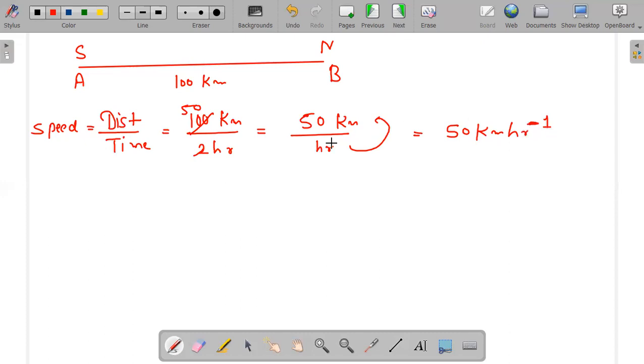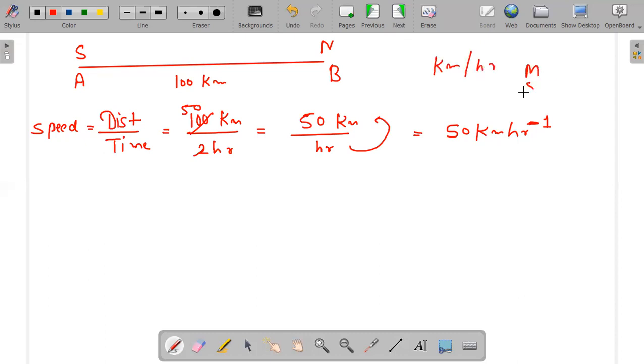Now, instead of kilometer per hour, you have to find the answer in meter per second. In a question there can be an instruction that instead of kilometer per hour, you have to find the answer in meter per second.